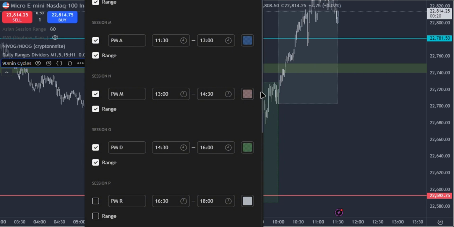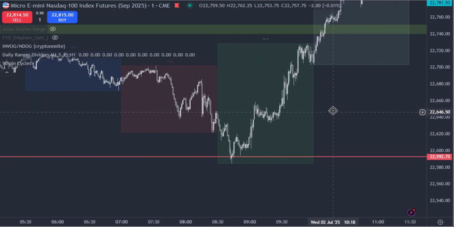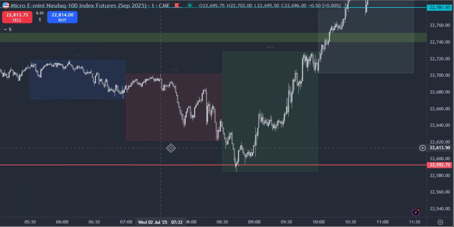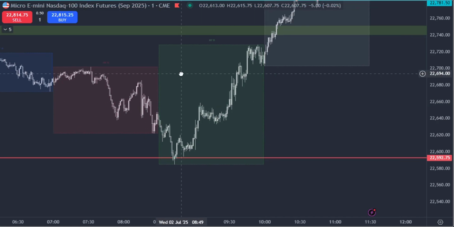So you can choose your own colors, but I'm going to show you how the 90-minute cycles work. It's the same thing, as long as you understand the market maker models. All right.